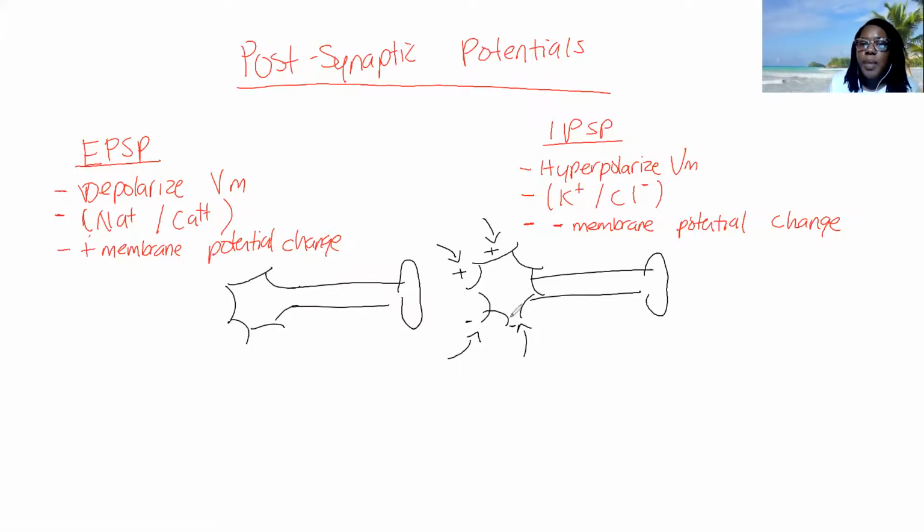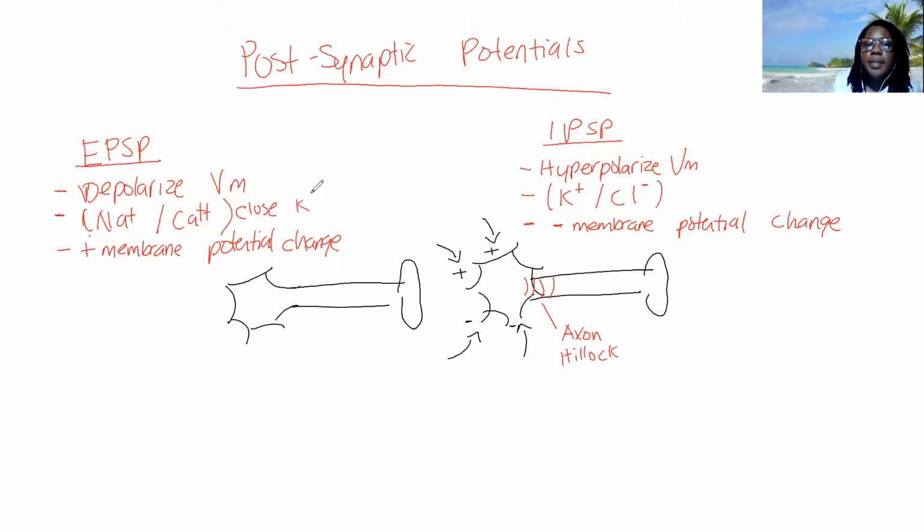This is all going to be assessed at the axon hillock. This is the importance of IPSPs versus EPSPs. So this is the axon hillock where all of that is going to be assessed, okay? And so EPSPs are positive membrane potential changes. We want to be thinking about opening sodium or calcium channels, but we also want to consider that if we close the opposite channel, right?